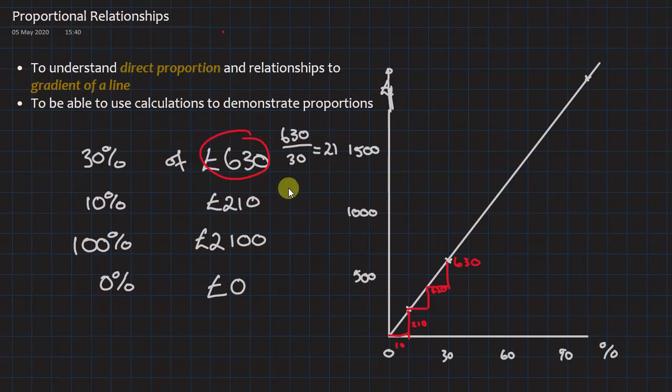What is 210 shared by 10? 21. 2,100 divided by 10 is 21. 0 divided by 0, no answer. That's the only weird part, you can't do that.